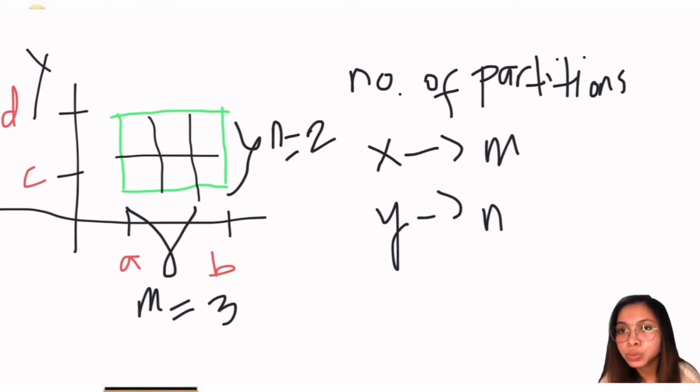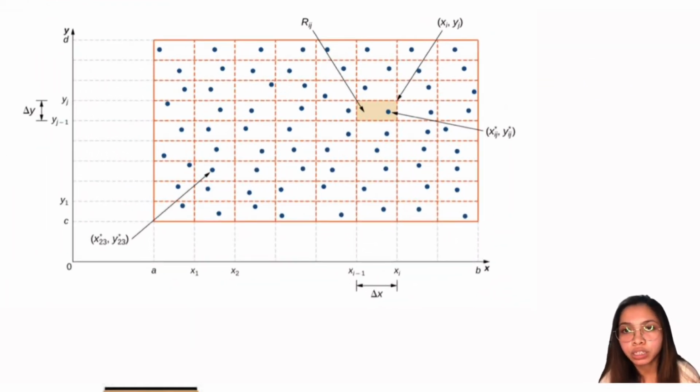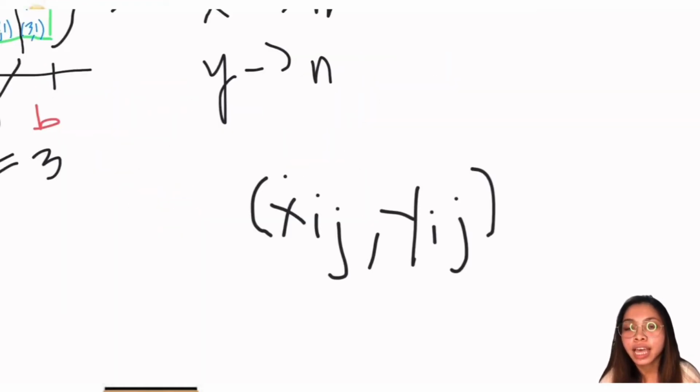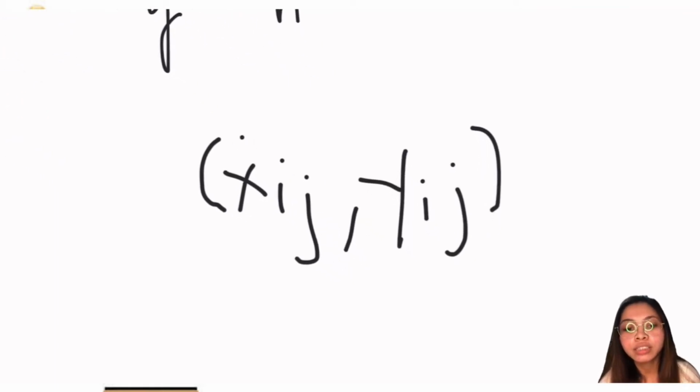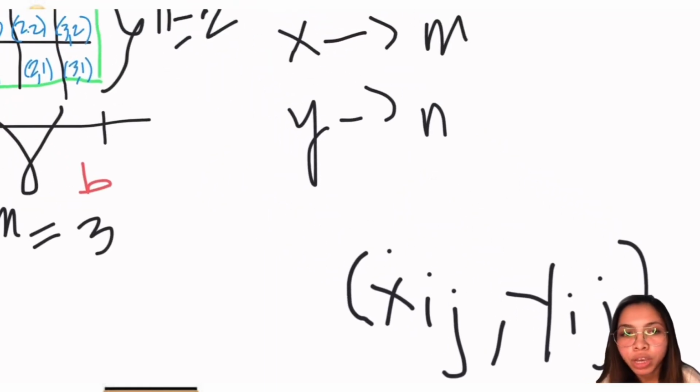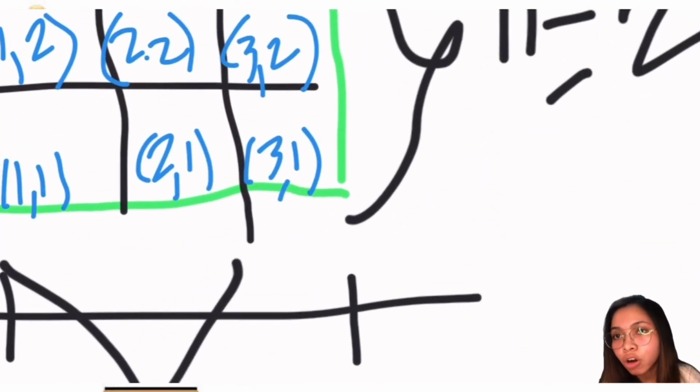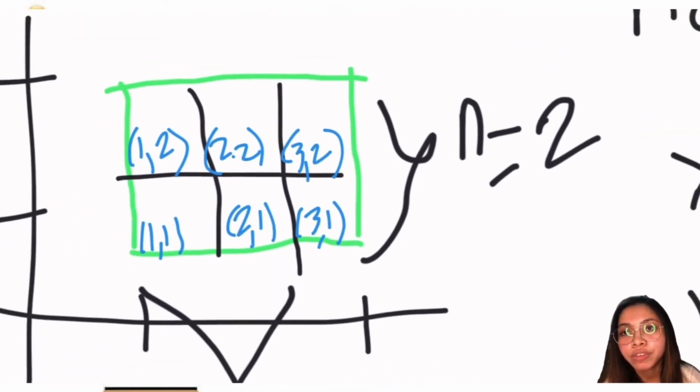Next step is we need to pick a point for every sub-rectangle, and these are the x sub ij star and y sub ij star. So these are the arbitrary points. We need to find this arbitrary point by picking it from the x coordinate of every rectangle.